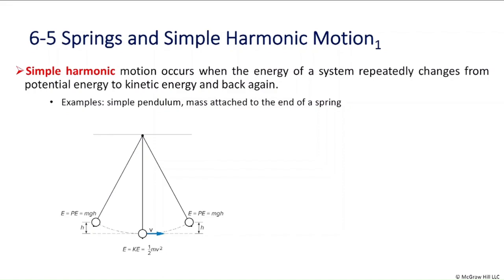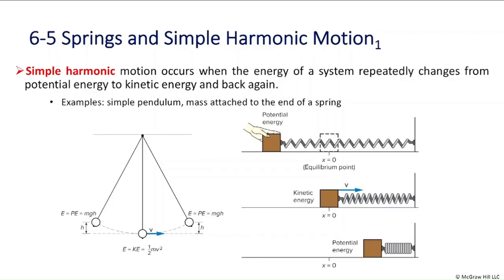Now let's think about the spring system, since we discussed the simple pendulum in more detail previously. In spring systems, when we pull the mass from its equilibrium position, that means from the unstretched position, we are giving potential energy to the system.